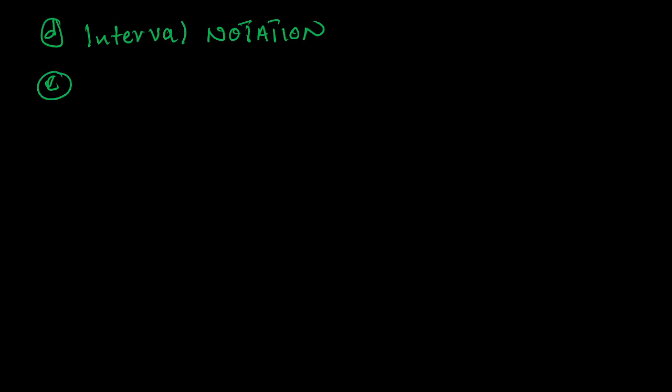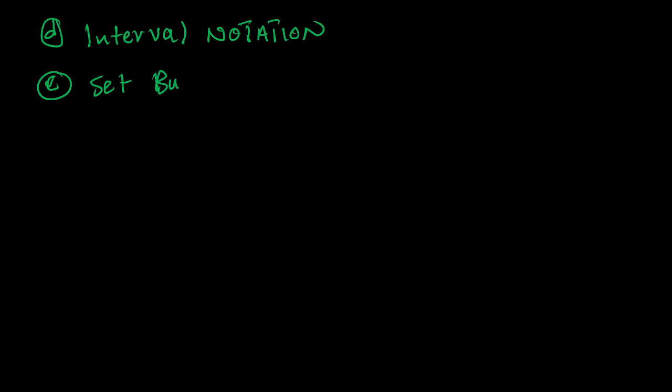Now let's look at category 2, which will start from D. The other type is what we call the interval notation. This is the one you need to give much attention. No matter what, you need to know it, and there are plenty of questions about interval notation. The second one is the set builder notation.